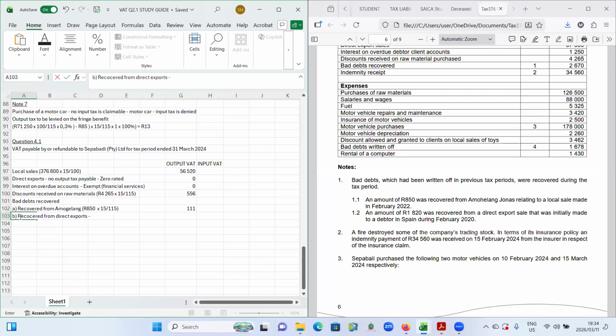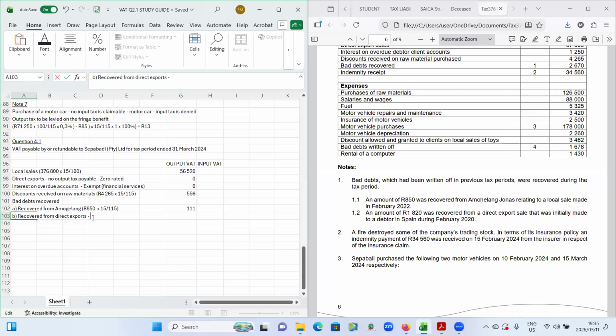Remember, all this thing of recovering bad debts, you are paying output tax because you claimed input tax when it was written off. So if it is an export, the reason of claiming when it is written off is because you have already paid to SARS. When the goods were exported in the first instance, there was no VAT because exports are zero rated.